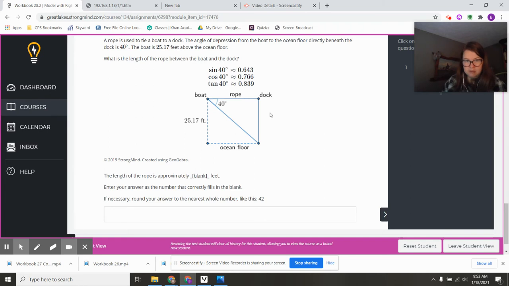So I'm going to get my screen sharing going again. So we would set up the tangent, the opposite. We would have that the tangent of 40 is equal to the opposite, which is 25.17, divided by x, because we don't know that side.